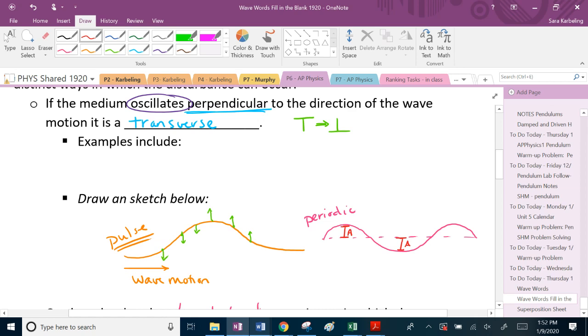Okay. And the wavelength, do we know what the wavelength is? It's a good name, it's a good word. It's pretty descriptive. What is the wavelength? The length of the wave, a circular definition there, right?